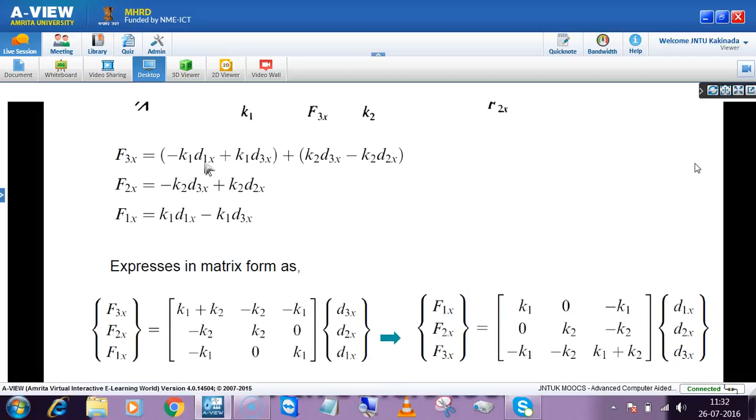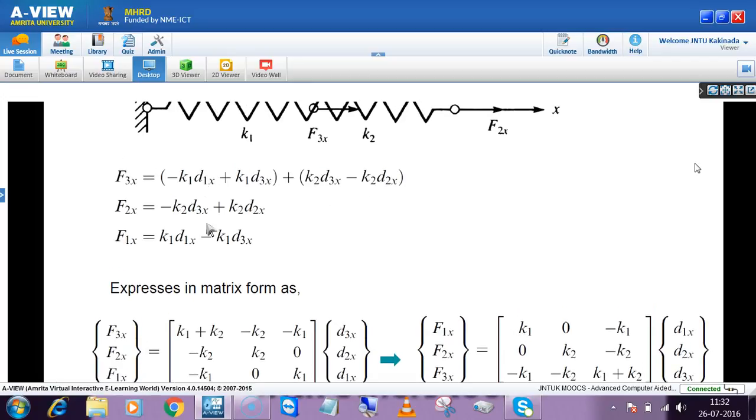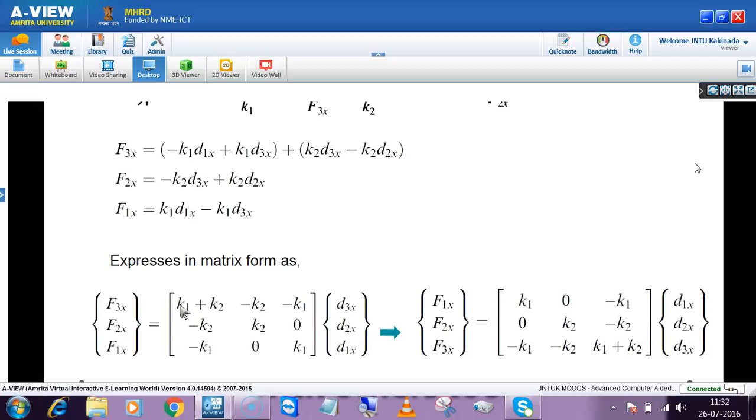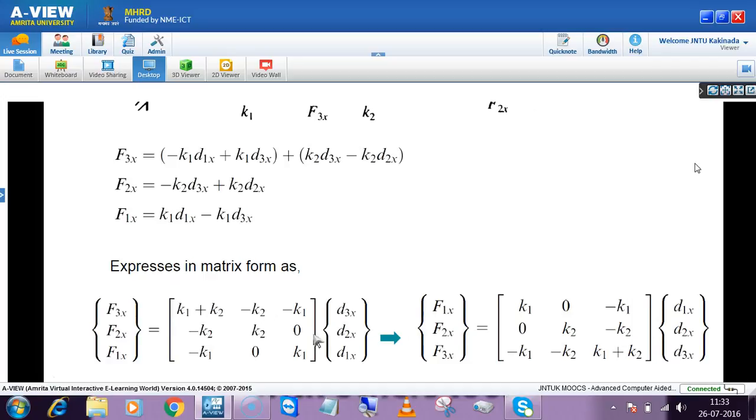For F3x, for D1x we have only one coefficient here, that is minus K1. For D3x, we have two factors here, K1 plus K2, that we have mentioned here.